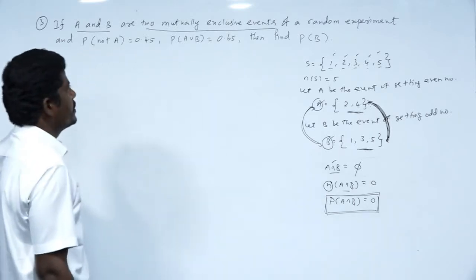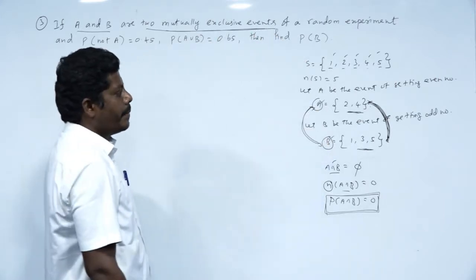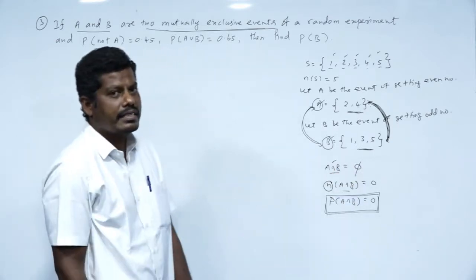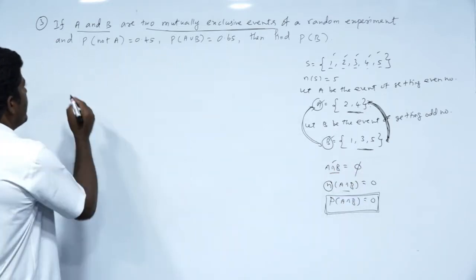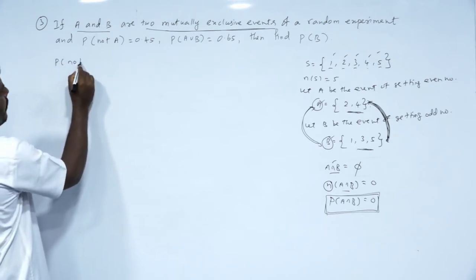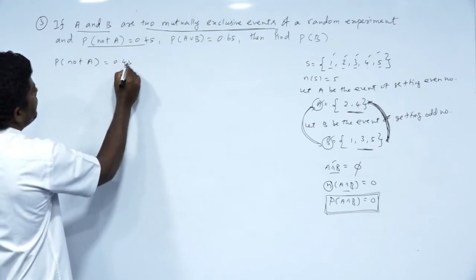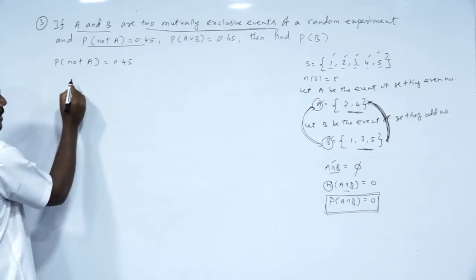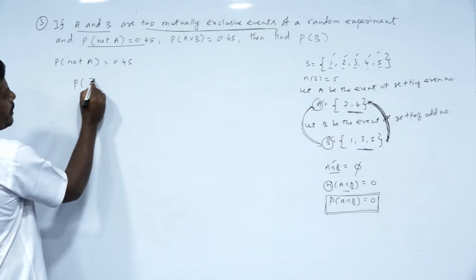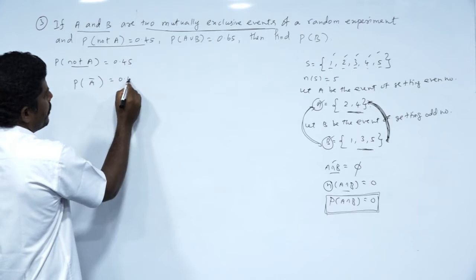Now you listen to this sum, my dear students. Here A and B are mutually exclusive events because A intersection B is equal to nothing. Understand, my dear students? Now, given probability of not A, that is A complement, is equal to 0.45.